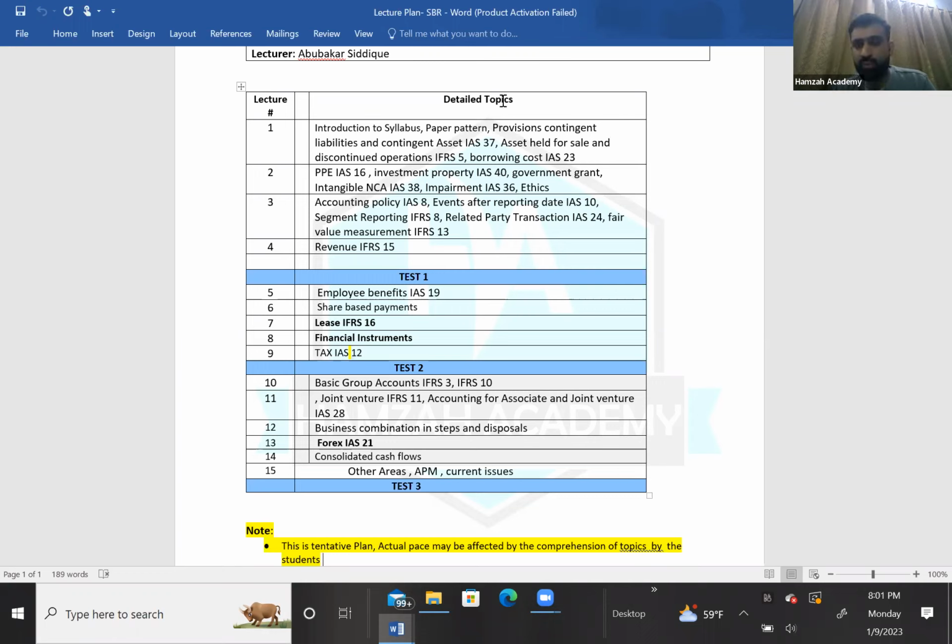So that will be the course plan which we will be following in the Strategic Business Reporting exam.